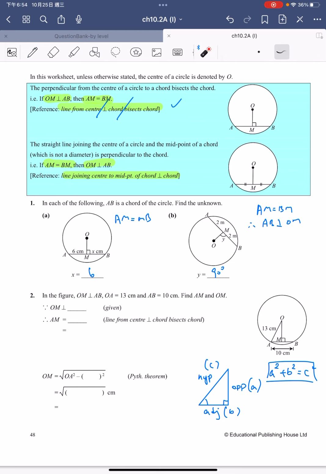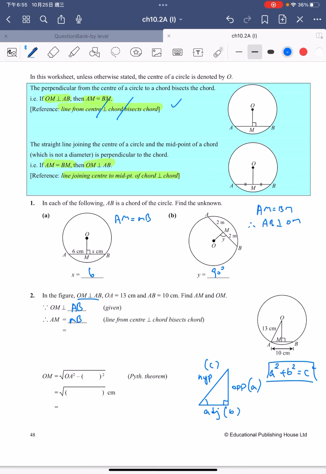Alright, so in this question, we have OM perpendicular to AB, as given by the question, so that we can say AM is equal to BM. By using the line from the center perpendicular to the chord, it will bisect the chord.